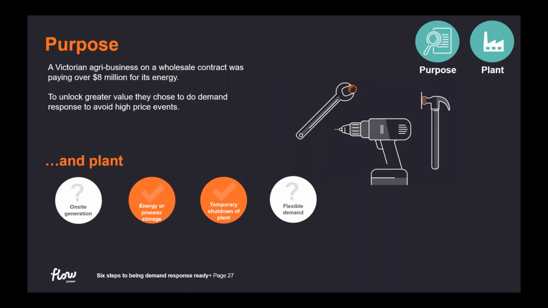So firstly, purpose, and Alex did go through this point, it's very important that everyone on site and everyone within the company does understand the reason they're doing their demand response. For this customer, the reason was purely financial, as it often is. And in this case, it was to reduce their wholesale price by doing demand response into high price events.